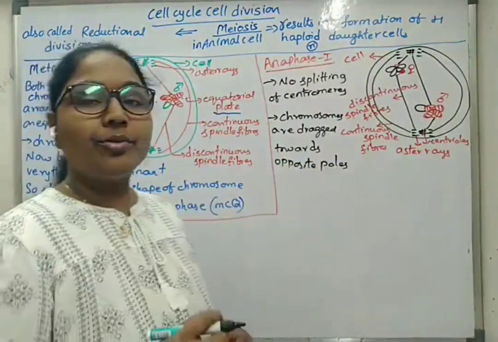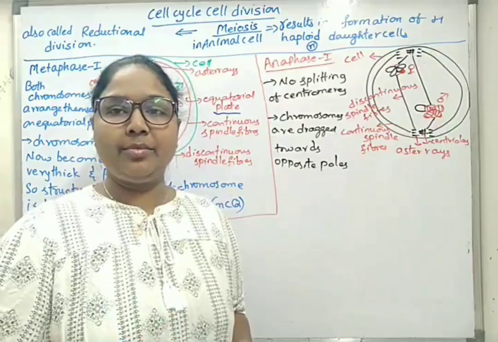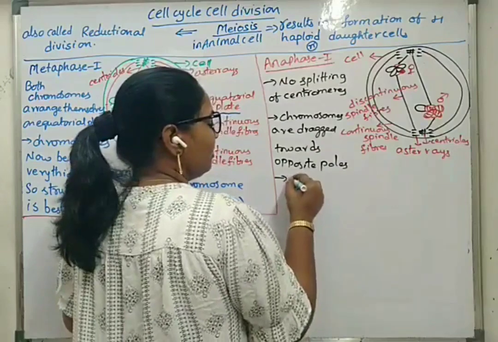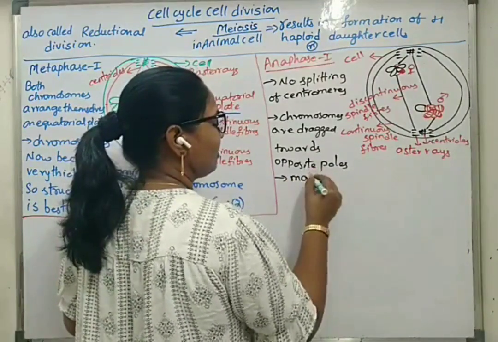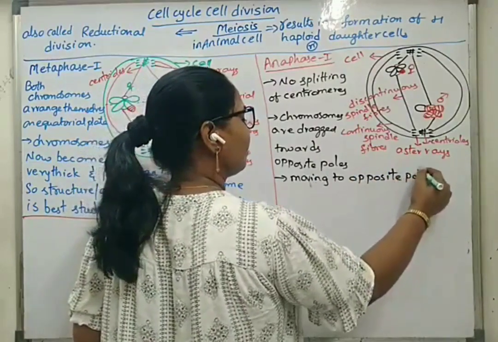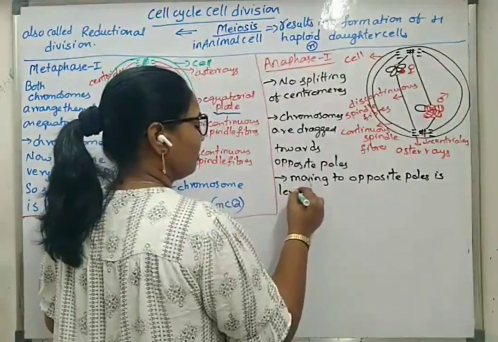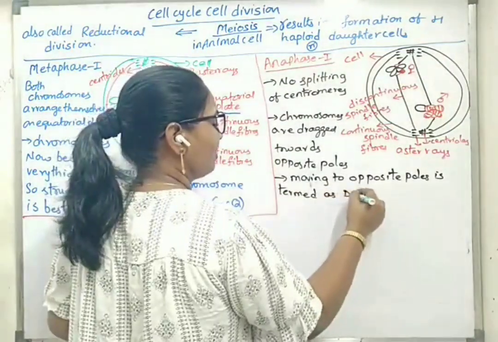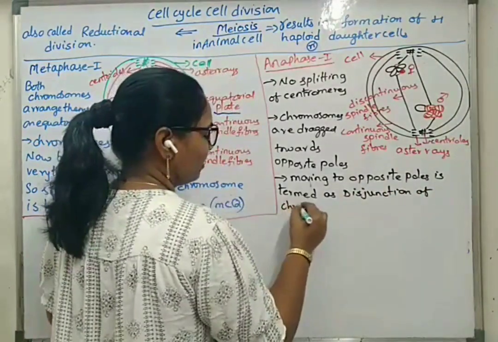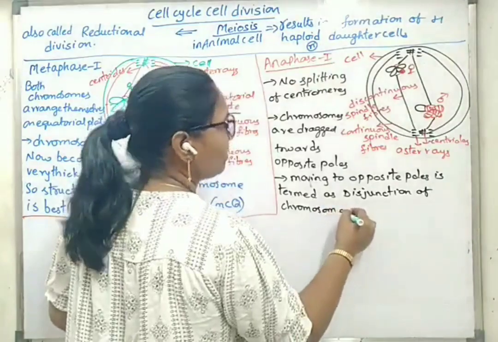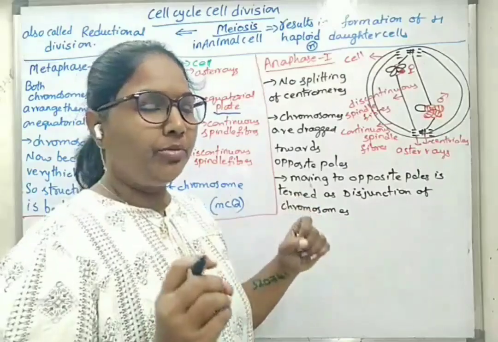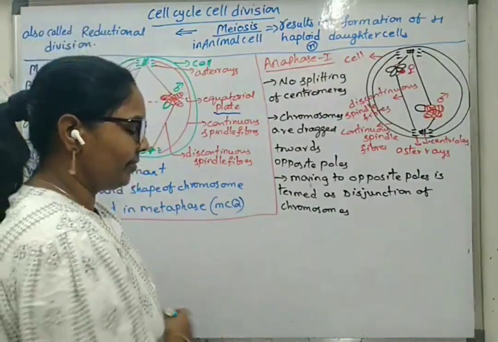This dragging of chromosomes towards opposite poles is given a term like disjunction of chromosomes. So the two chromosomes of the homologous pair will be moving to either side of the poles.